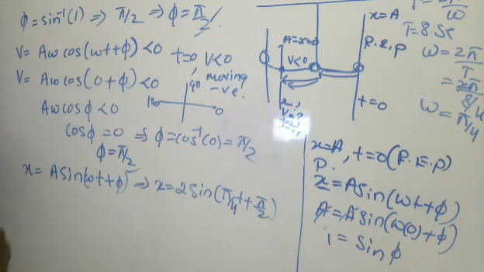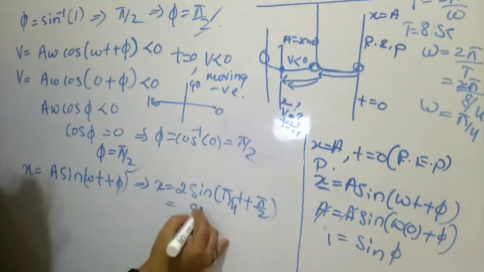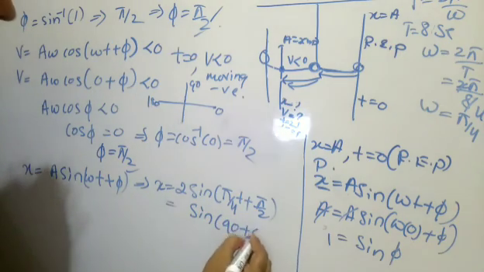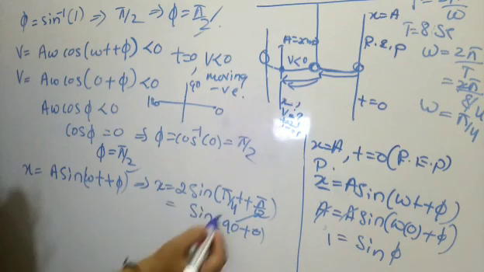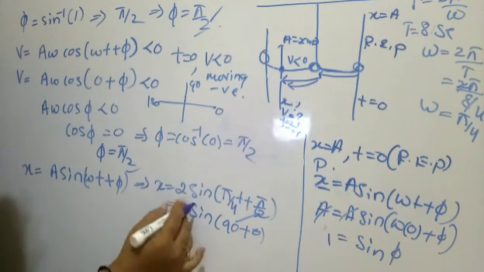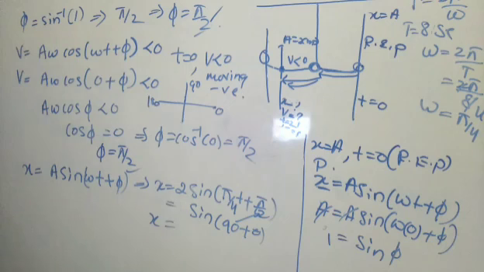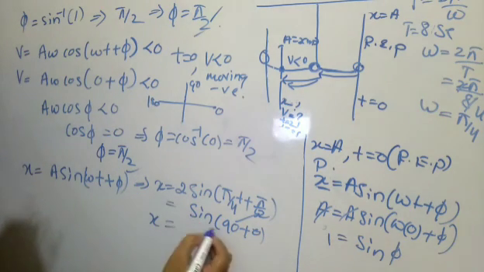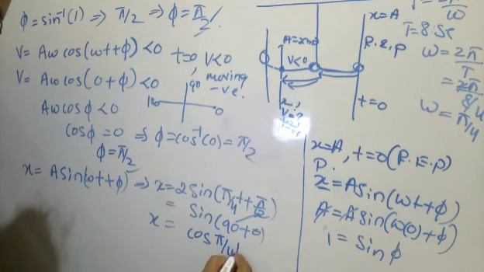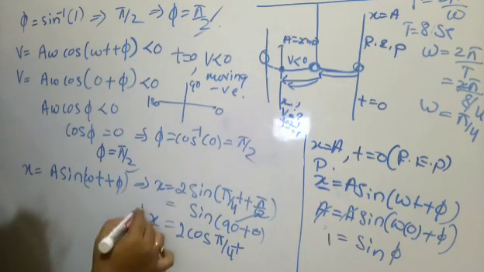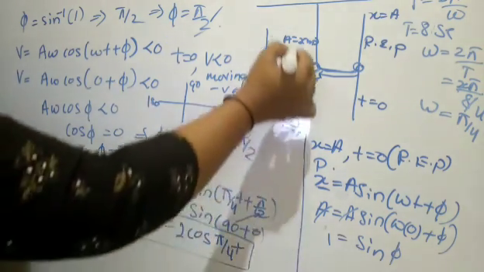So look at this part, this is the same as a sine of 90 plus theta. 90 is pi by 2, theta is this one. So I'm going to write it here. 90 plus theta means it is a cos. Here the allied angles change, but the sine won't change; it remains the same, only the sine is converted into cos. So cos theta, where theta is pi by 4 t, and 2 remains as it is. So this is the equation of the particle at this position.